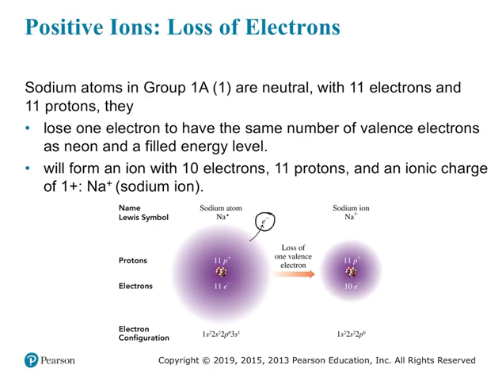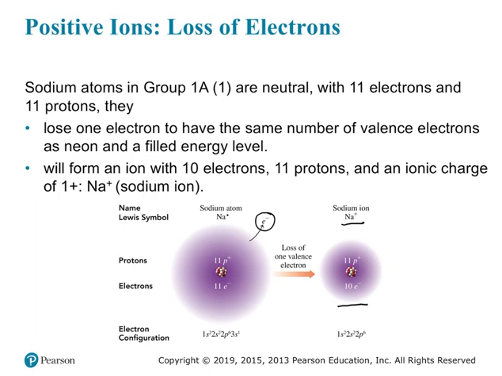However, the number of protons, or positively charged subatomic particles, does not change. So in our final ion here, we have 11 protons and then 10 electrons after losing an electron. So the ratio between protons and electrons has changed, and we have one extra positive charge. So we now have a positive sodium ion.